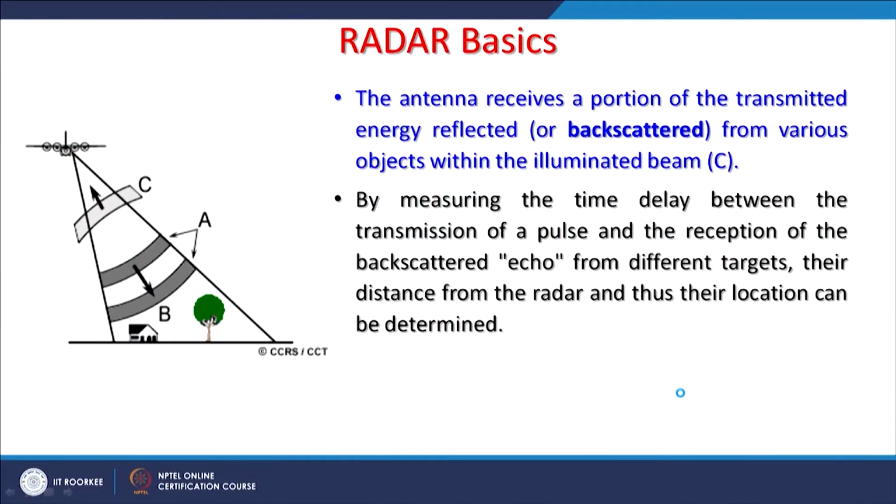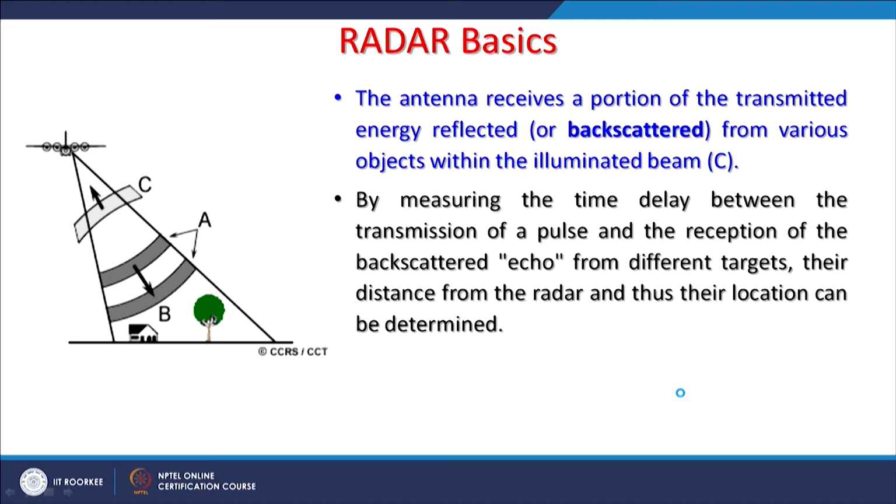Now, the antenna receives a portion of the transmitted energy, reflected or back scattered from various objects within the illuminated beam, and then by measuring the time delay, because after all radar is a ranging technique.